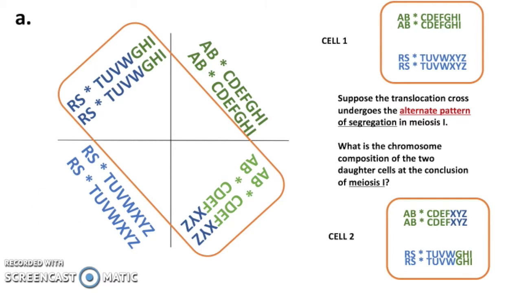So you'll end up with two cells, one that has both chromosomes without any of the swap material, and one that has both of the chromosomes with swapped material.